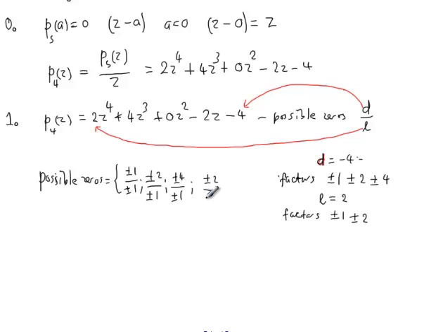Then divided by plus or minus 2 from this side, isn't it? Okay. And also, I can take plus or minus 1, this minus 1, divided by plus or minus 2.